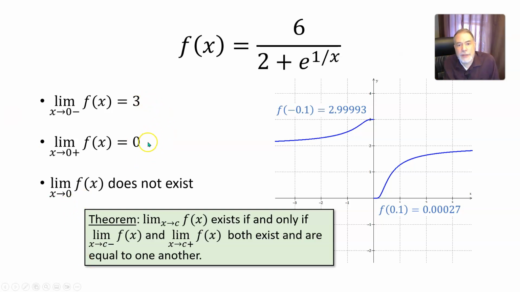But since they are different from one another, that's enough to tell us that the limit just as x approaches c, in this case 0, does not exist. So if the two one-sided limits are different, the regular limit doesn't exist. If the two one-sided limits are the same number, so they both exist and agree with one another, then the regular limit does exist, and it is that same number.